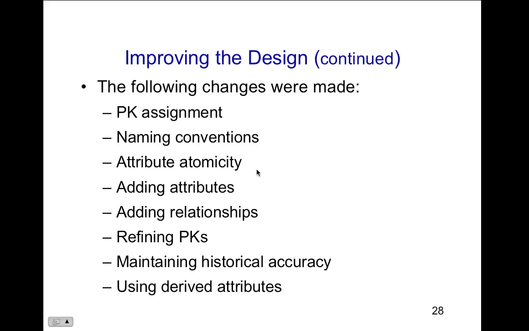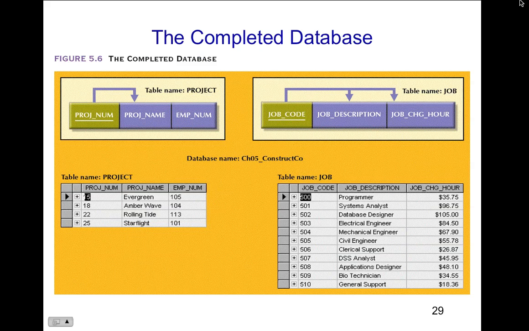For attributes, we made sure that we are all storing the same data types and same pieces of information for each one of the employees. We added some attributes, like the job hours charged per job. Added relationships, redefined primary keys, maintained historical accuracy, and also used derived attributes.